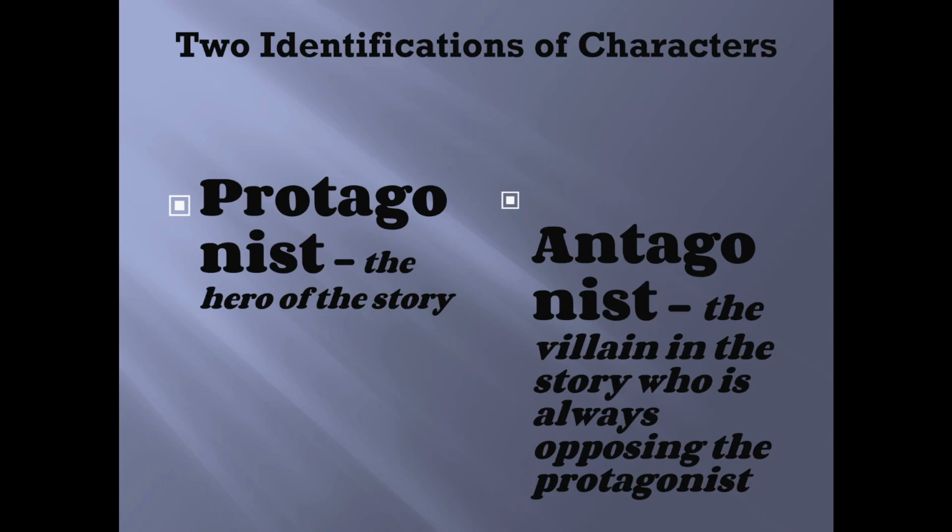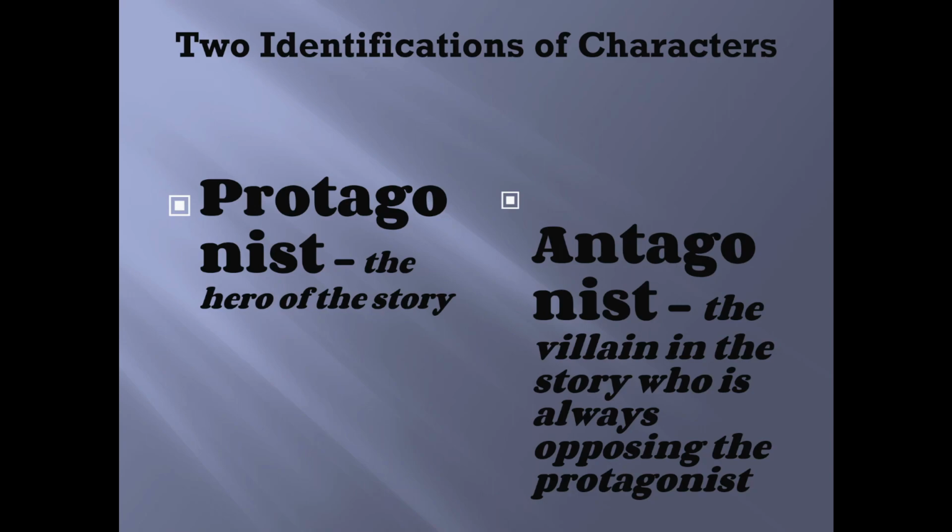For the identification of characters, we have the protagonist, which we call the hero of the story. So the story is based on that hero. And then we have the antagonist, who is the villain of the story. They always oppose the protagonist.